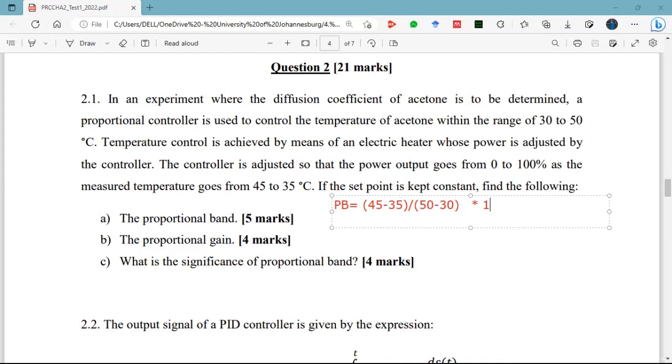So it's 45 minus 35 over 50 minus 30, multiplied by 100, which gives you 50.